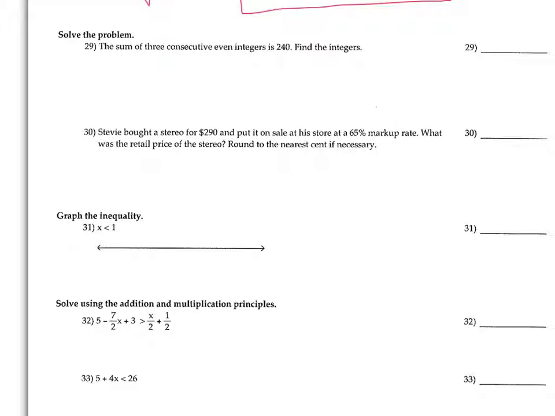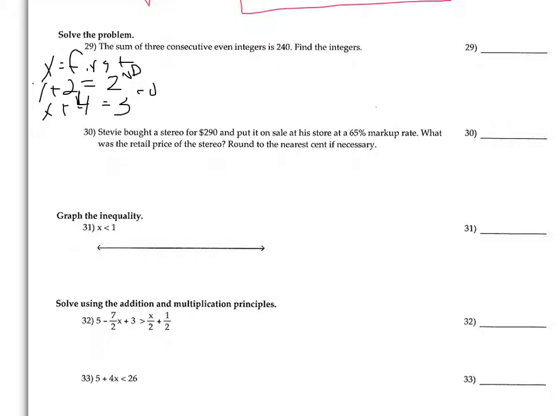So we're going to let the first integer equal x. If the first one's x, the next one is going to be x plus 2. And the third one is going to be x plus 4. Okay, so that's what we have.